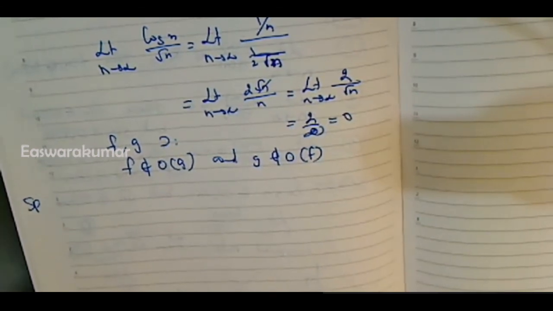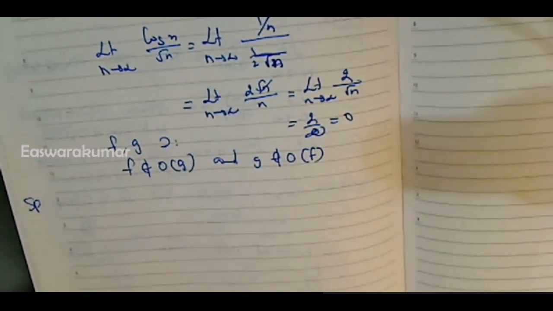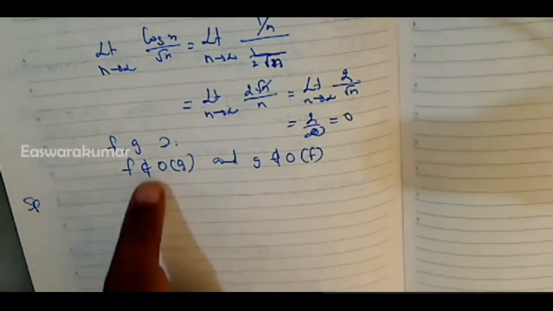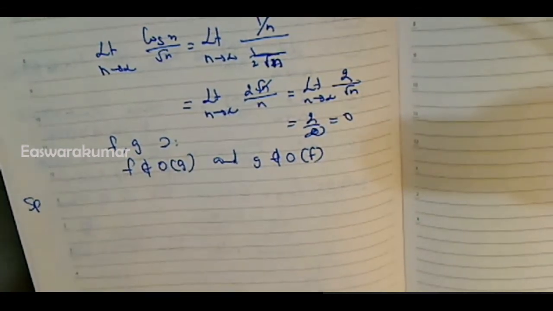In that, as it's asymptotic notation, we are not bothered about what happens before this n naught. All we are interested in is that we should find some n naught after which the inequality holds. That's okay. So if you want to say that it does not belong to, what do you have to say?